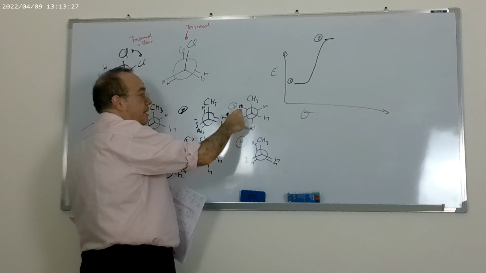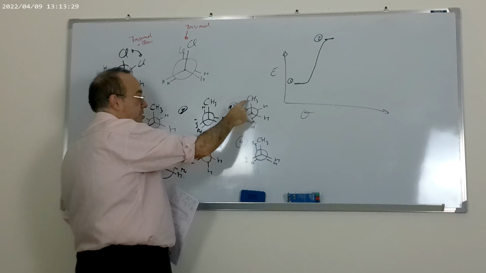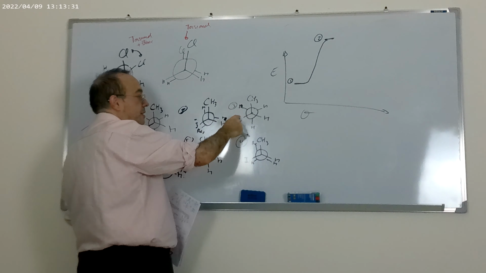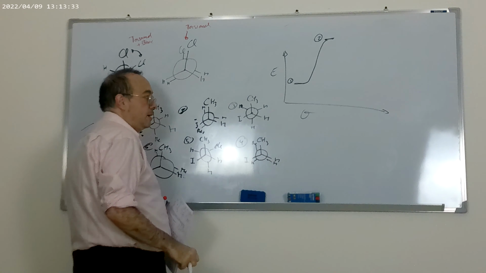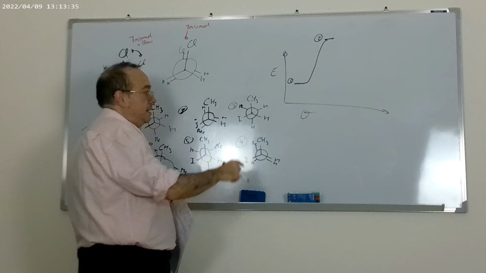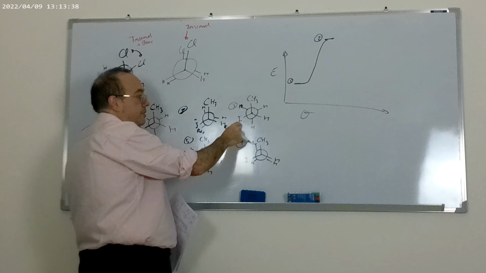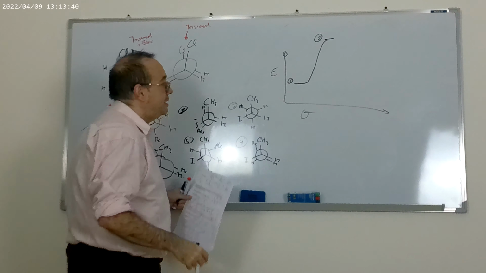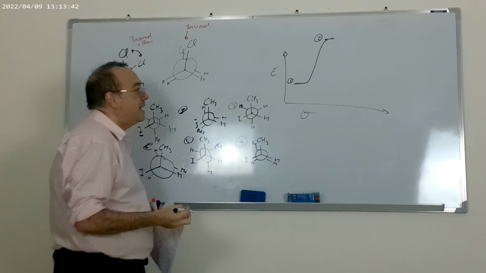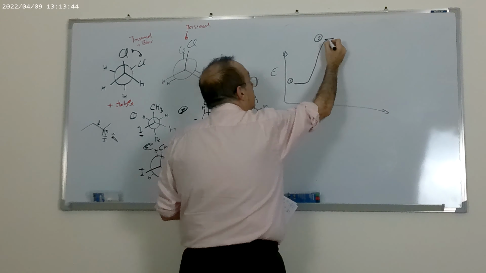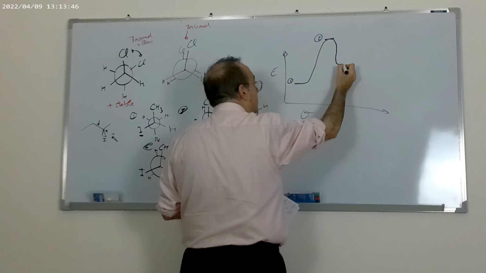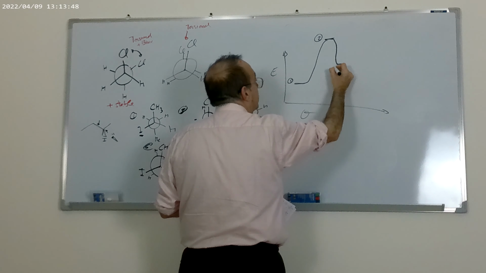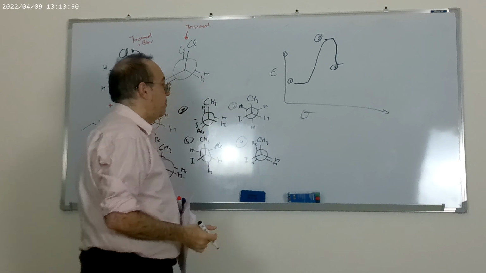In 3, you can see here that we have the methyl in the worst possible position, near to the iodide and near to the methyl. Okay? This methyl is close to the iodide and close to the methyl. That means that could be the maximum with higher energy. It will be conformer number 3.